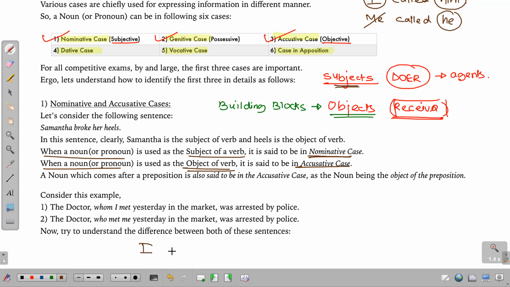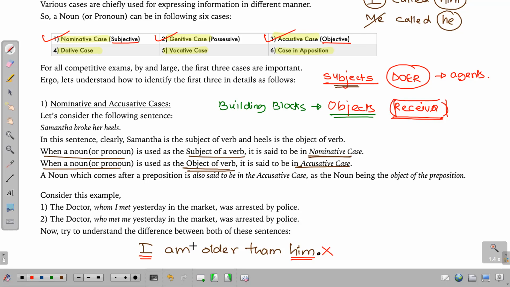For example, I am older than him. That's a very common verbal error. In verbal speech, this is perfectly fine because I behaves like the subject and him behaves like an object. So it makes sense when you talk verbally, but grammatically, this is wrong. In formal writing, it will be considered wrong.